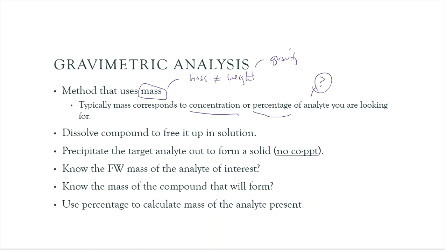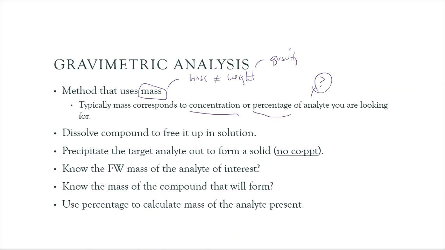That's pretty much about it. It's as simple as it gets. So we're going to have this something that we're looking for, the analyte, and we're going to be measuring the concentration or the percentage of that species that might be in a solution or a sample that's provided to me in a laboratory. So how do we do this?